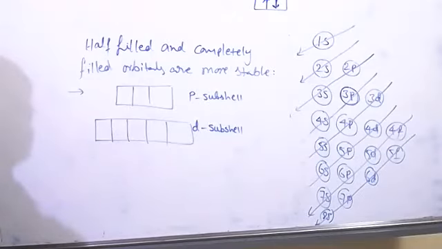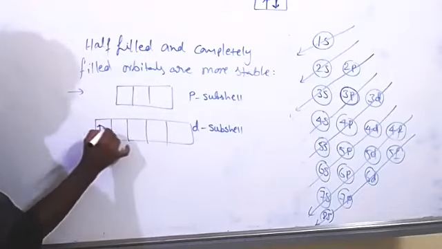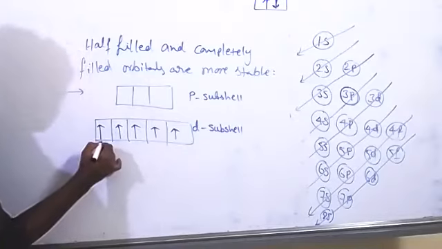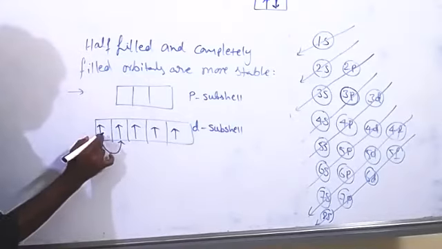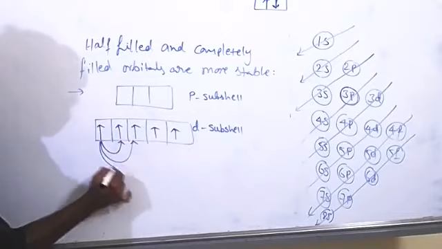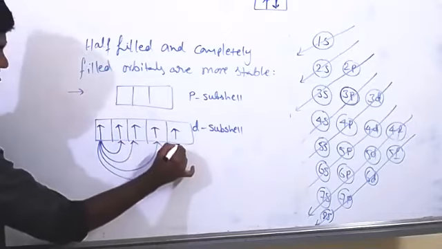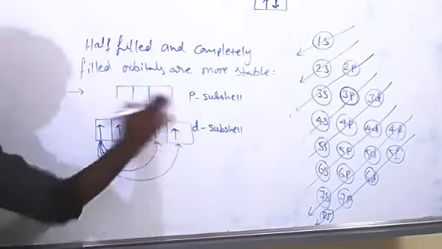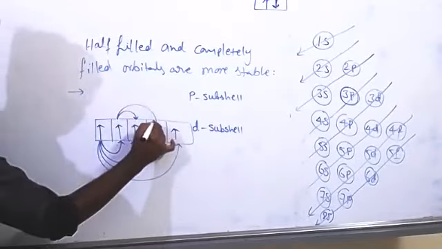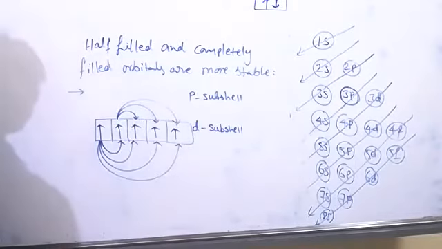Another one is exchange energy. Suppose the d orbitals have 5 electrons. This electron can exchange to this position, meaning this electron goes here and that electron comes here. This possibility is there. This also. And this electron can exchange with this electron. This also, even this.